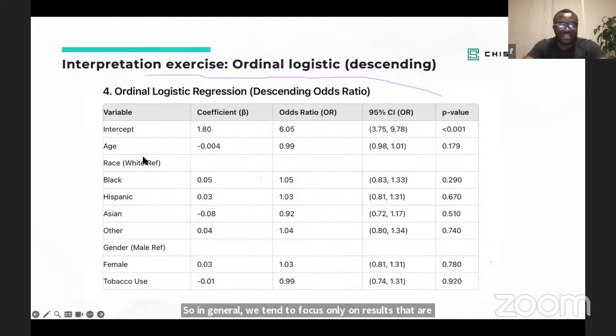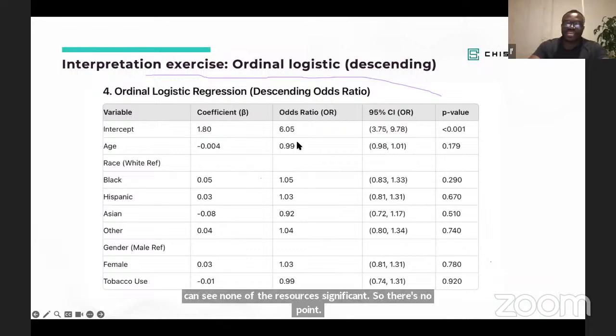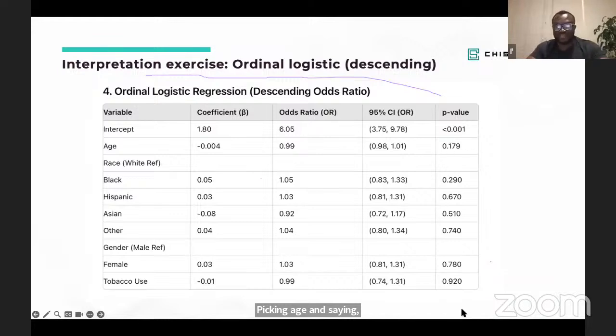So in this whole table, I would say that there was no significant association between support for bans and any of the explored variables, full stop. One sentence will summarize this whole table, because as you can see, none of the results are statistically significant. There is no point taking age and saying age had blah, blah, blah, and the p-value was this, when the results are not significant.